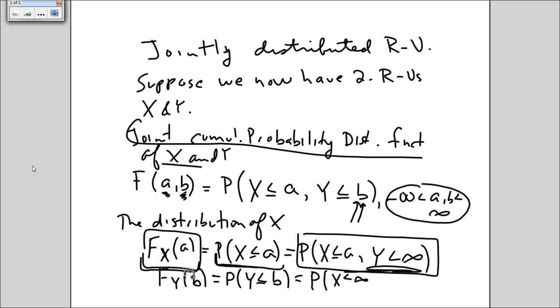It's certainly not equal to it, sorry. And the random variable Y is less than or equal to the real number b. Sometimes some folks would call these two functions the marginal distribution functions. Marginal. So, just some notation here.